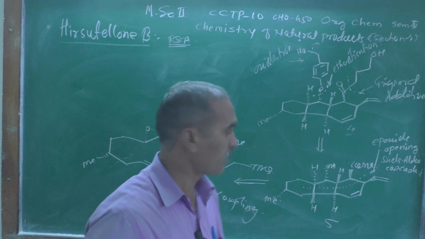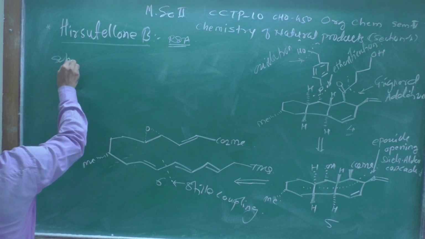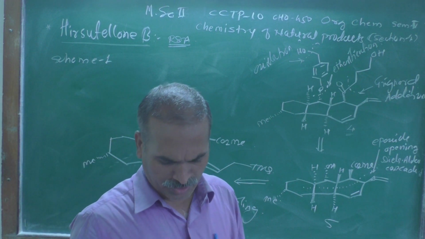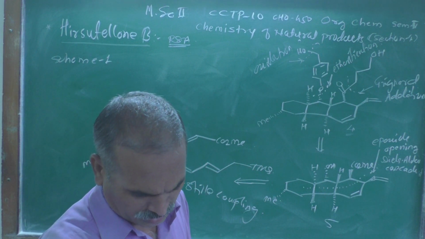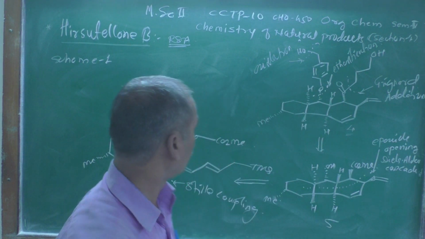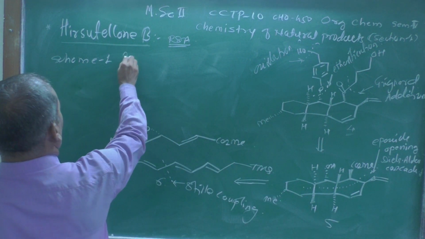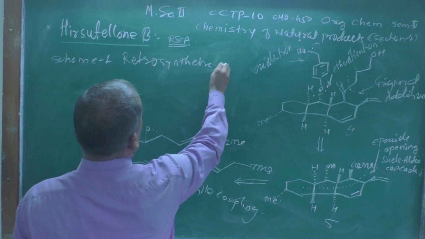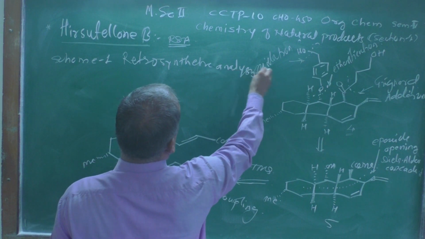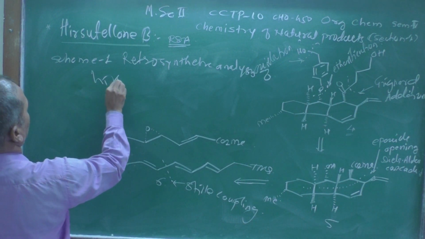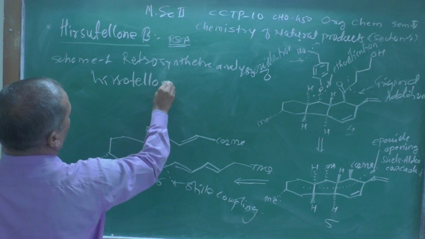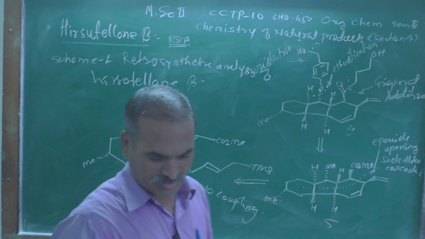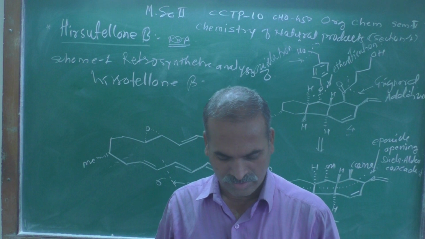So this is scheme number 1, representing the retrosynthetic analysis of Hirsutoluene B, right? So this is the structure of Hirsutoluene B.